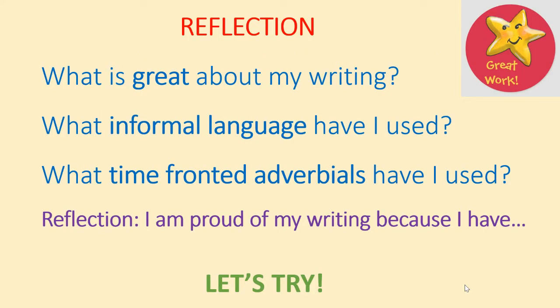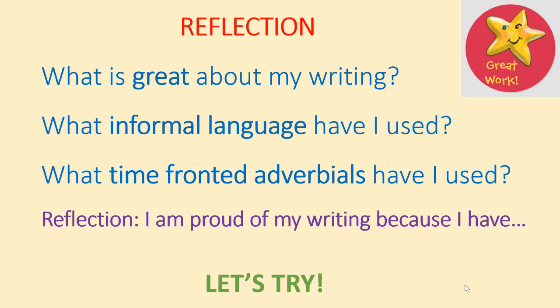Okay, so when we do our editing, the first thing we do is we reflect on our writing just like we do at school. And it's really important that we think about what is great about our writing, what we're really, really proud of. And we read our writing, we think, what do I like about my writing? What have I worked on and improved on?